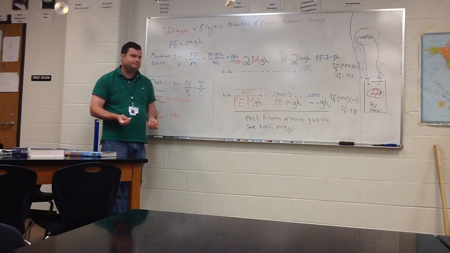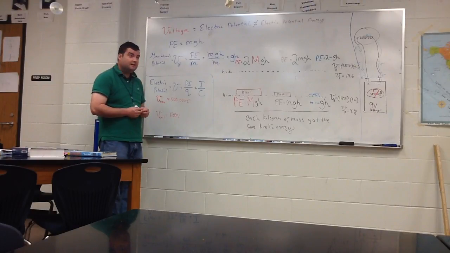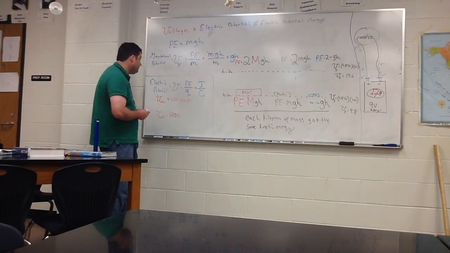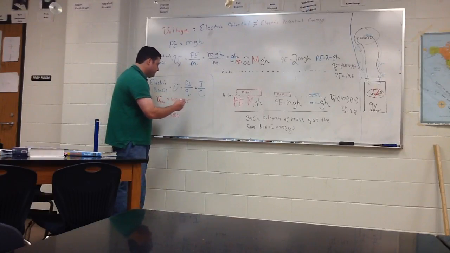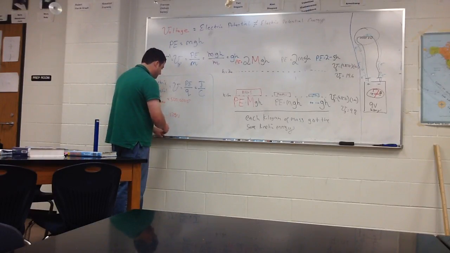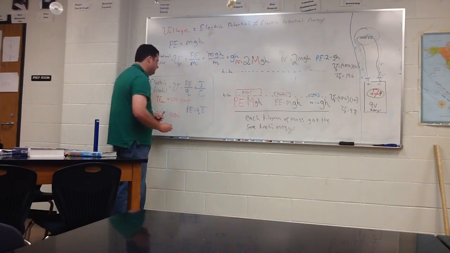Why? Why this and not that? It has to do with the ability of these two energy sources to make electrons move. So in the case of the Van de Graaff, if I rearrange this equation, I think we can see that energy equals the number of charges times the voltage.